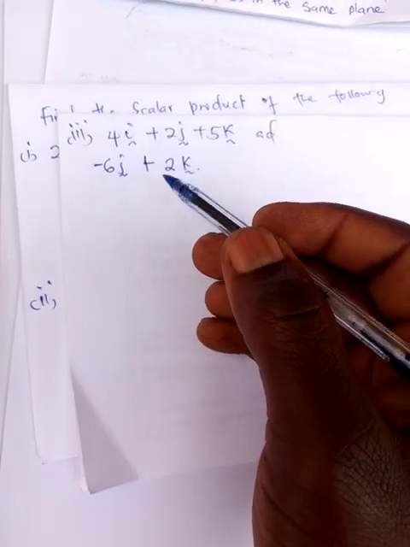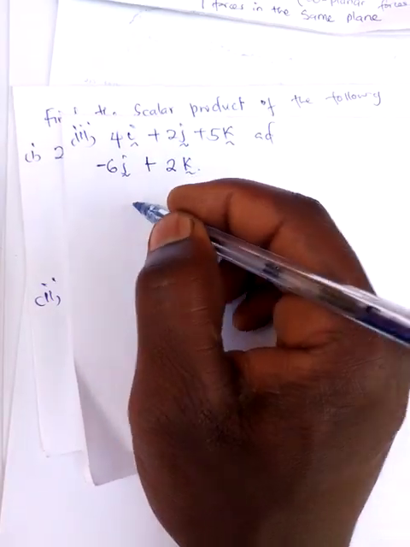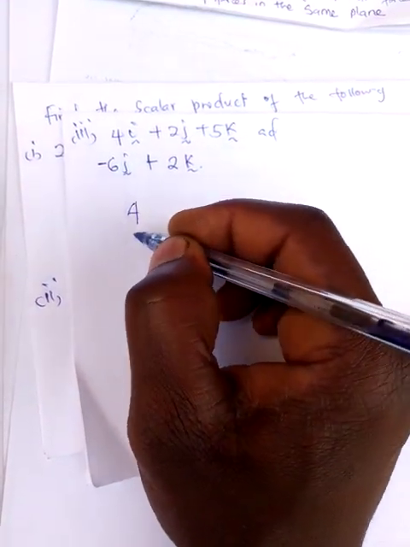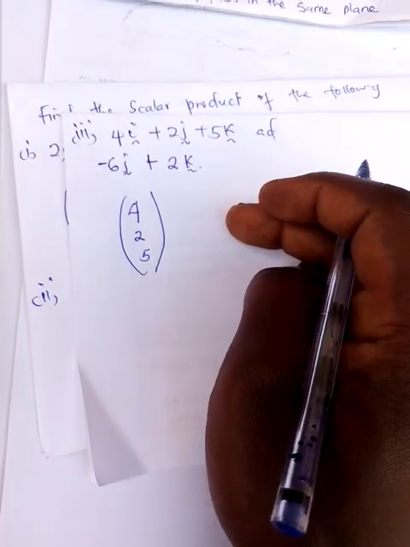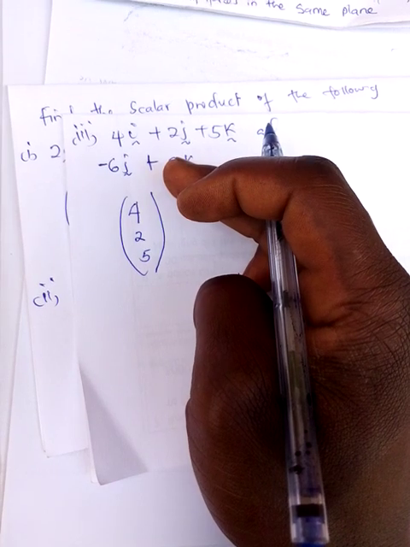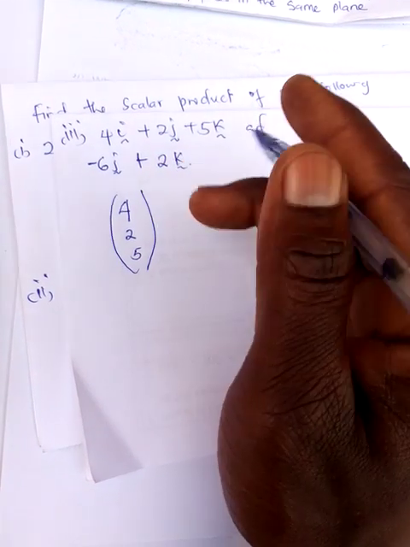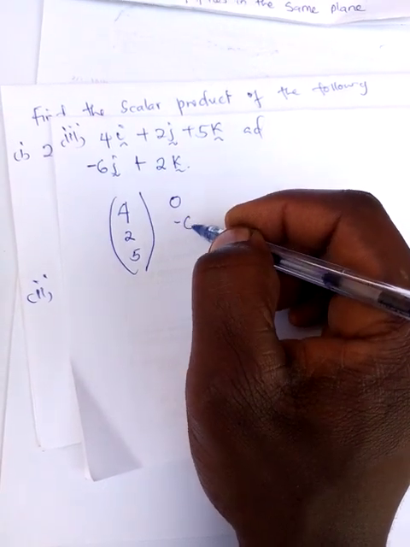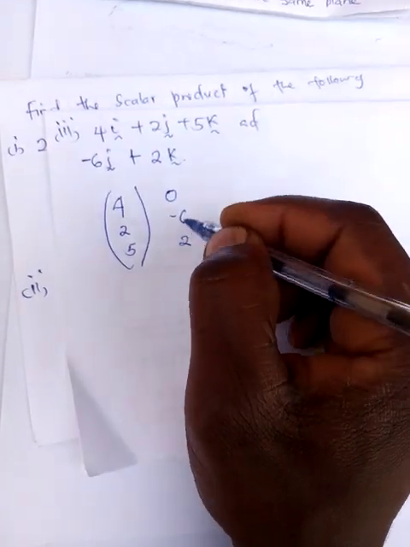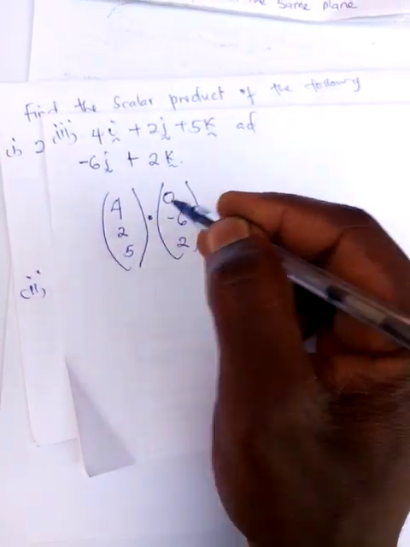So here the answer will be say (4, 2, 5). This one is having all the 3, but this one is not having i, therefore we have 0, then negative 6, then 2. So dot.